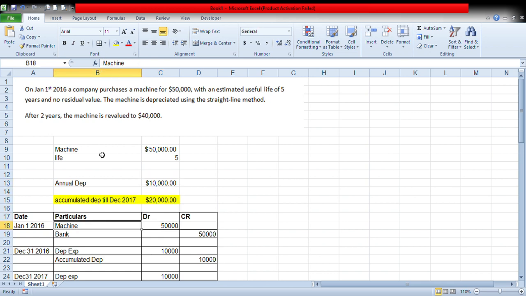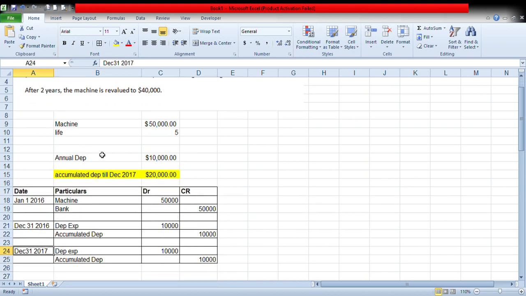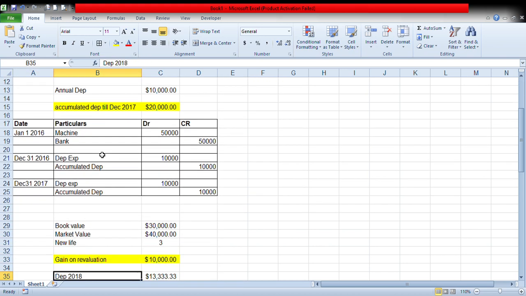Then December 31st, 2017 depreciation. So this is the story before revaluation. Now on January 1st, 2018, we revalue our asset. The book value is 30,000, as you know: 50,000 minus 20,000.